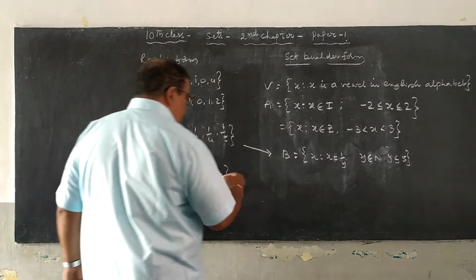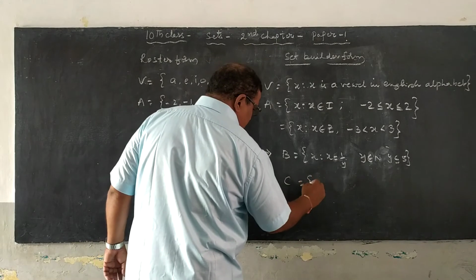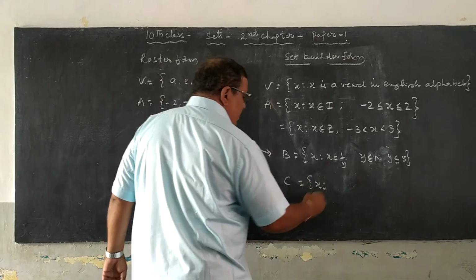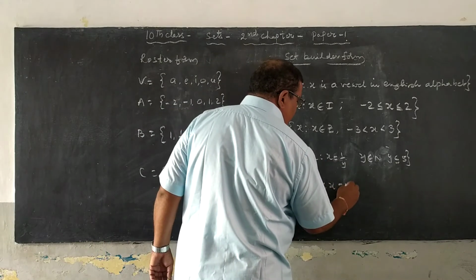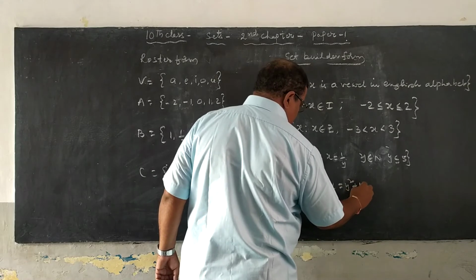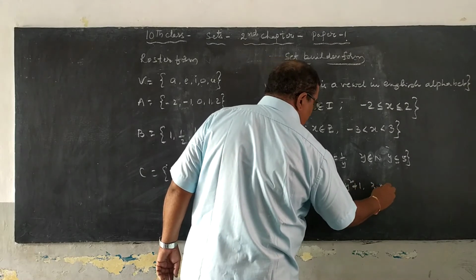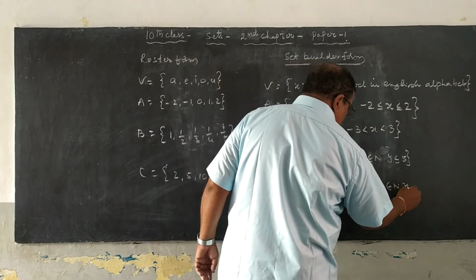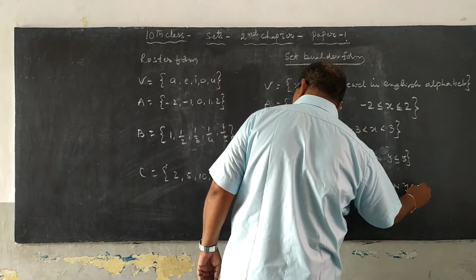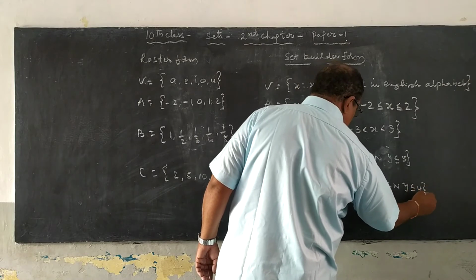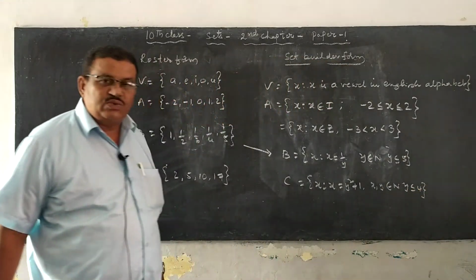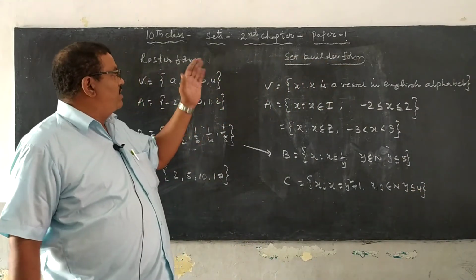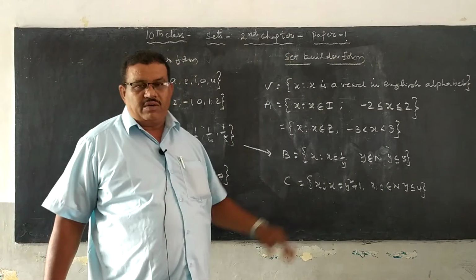So the set builder form of this one is X such that X equal to Y square plus 1, X, Y belongs to the set of natural numbers and Y less than or equal to 4. This is the set builder form of this one.